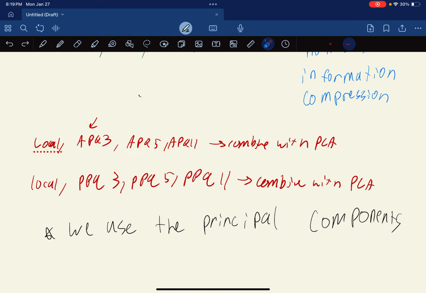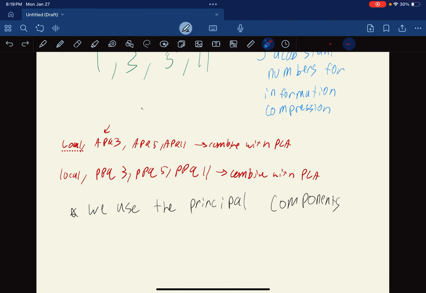So we're going to combine them to make a principal component, so altogether they can have something more to offer as a more potent variable. So we're going to use principal component analysis on these variables, and we're going to come up with a jitter principal component, and we're going to come up with a shimmer principal component.